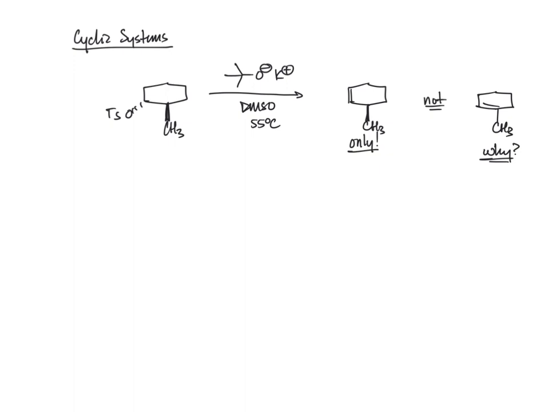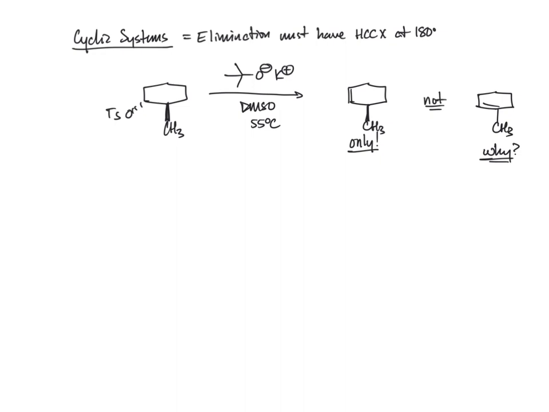So finishing up today's lecture, in our last 5 or 6 minutes here, I'd like to talk about elimination in cyclic systems. So again, for elimination, you must have the hydrogen, carbon, and leaving group at 180 degrees.